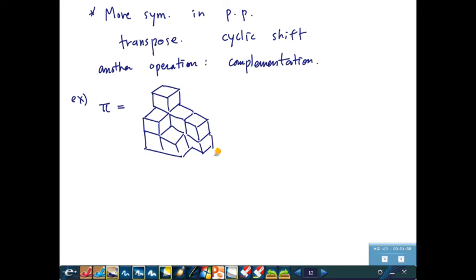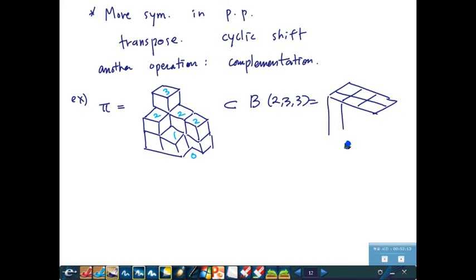Just for helpful visualization, I'm going to write these numbers. Number of boxes: 0 here. There's no box in this step. This is inside this box 2, 3, 3, like this. Okay, this is contained in this box.